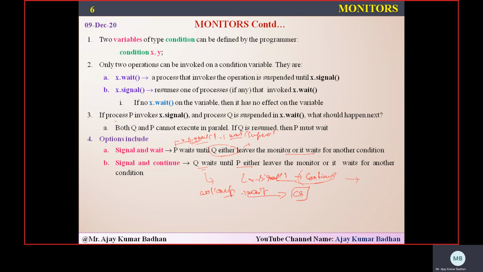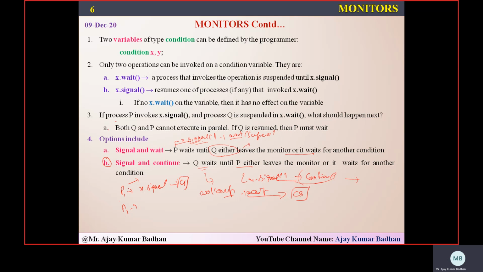So if I ask you which one of these two is better, can anyone tell me? Signal and wait is better, or signal and continue is better? Most of them will suggest the second one, signal and continue. Why? Because process P1 is already executing. He has given X dot signal. He is already executing in the critical section. Why should we make him suspend himself for P2 to come and perform the operation?